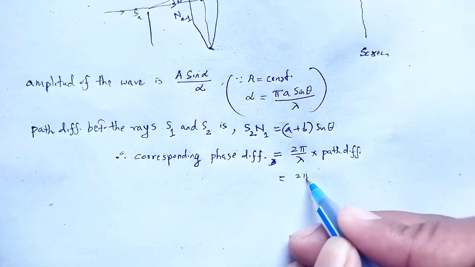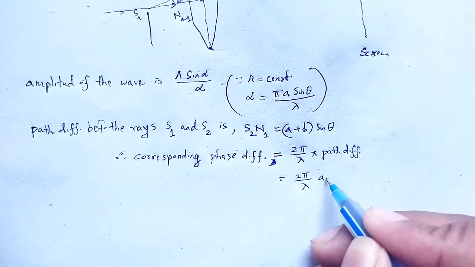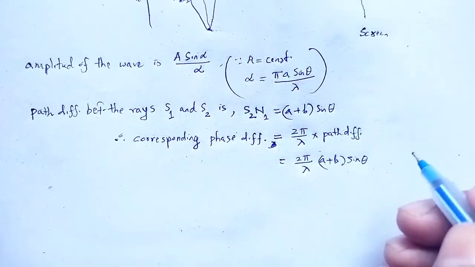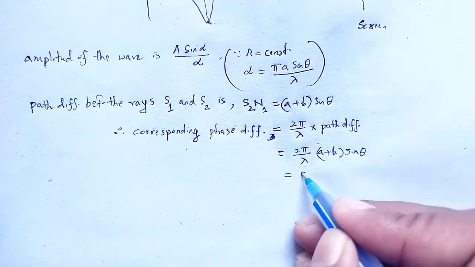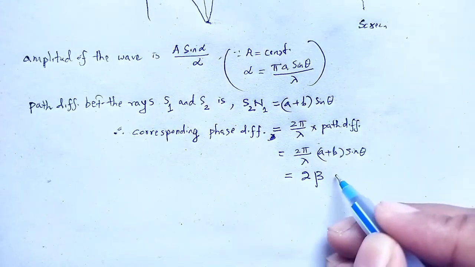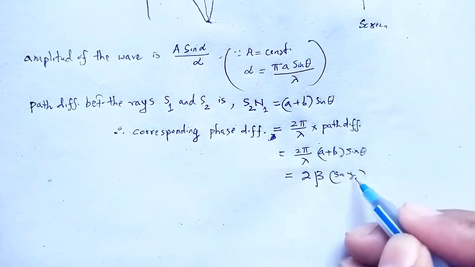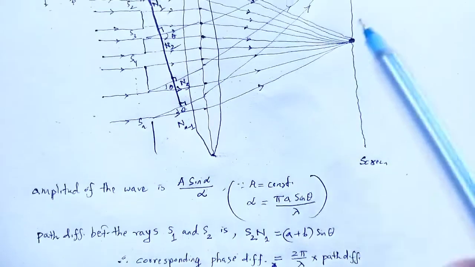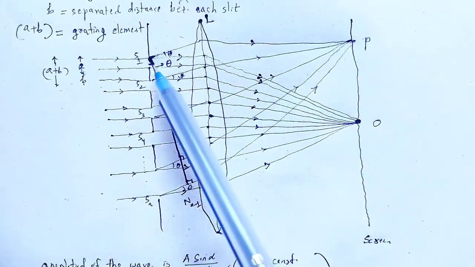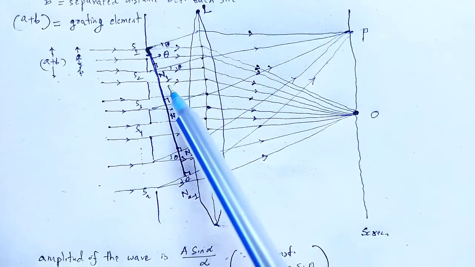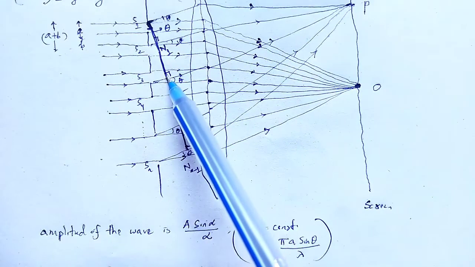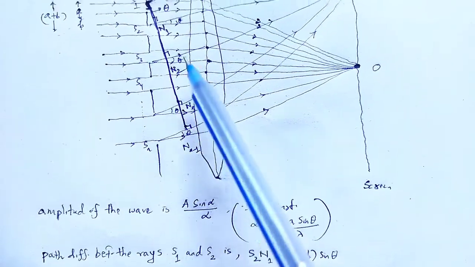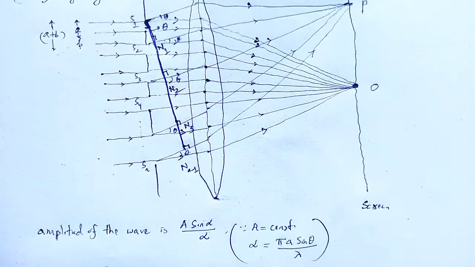That is 2 pi by lambda into a plus b sin theta. Let that one be 2 beta, say. Therefore, the successive phase difference between the rays is 2 beta, again 2 beta, that is 4 beta, again 2 beta, that is 6 beta, like that the phase differs successively.